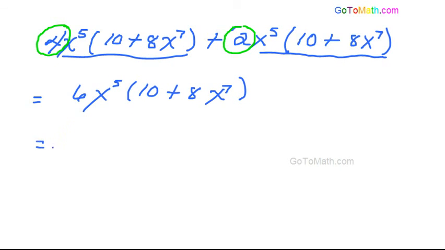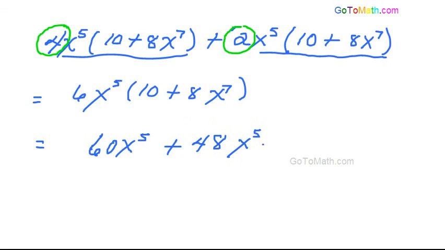Now what we can do is go ahead and distribute this across. So 6x to the 5th times 10 is 60x to the 5th, and then 6x to the 5th times 8x to the 7th is 6 times 8, which is 48. And remember, we're just adding the exponents.